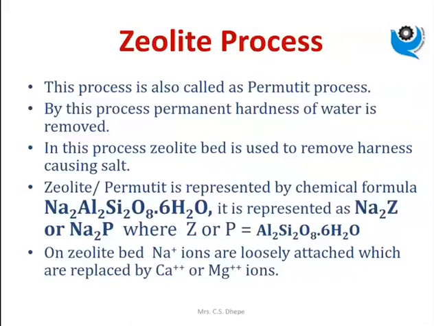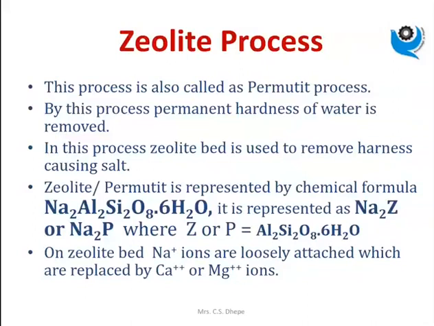The zeolite or permutit is represented by the chemical formula Na2Al2Si2O8·6H2O. It is represented as Na2Z or Na2P.